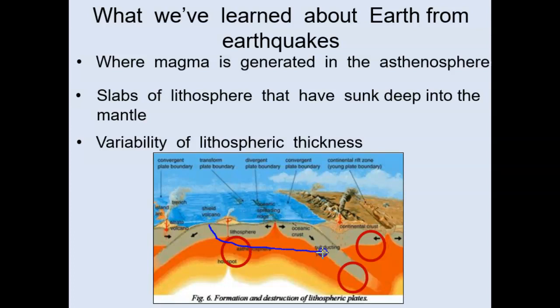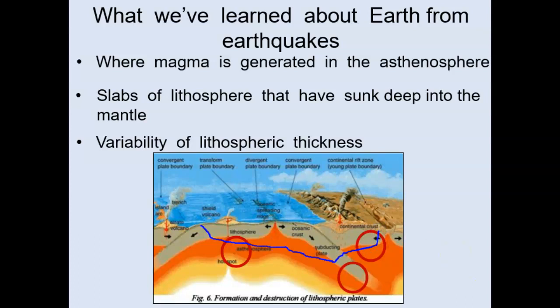Once it gets to the subducting plate, it's going to travel fast again. Or let me redo that. So fast through the lithosphere here, slower through the asthenosphere, fast through this subducting plate, slower through this section of asthenosphere, and then fast through this part of the lithosphere again.